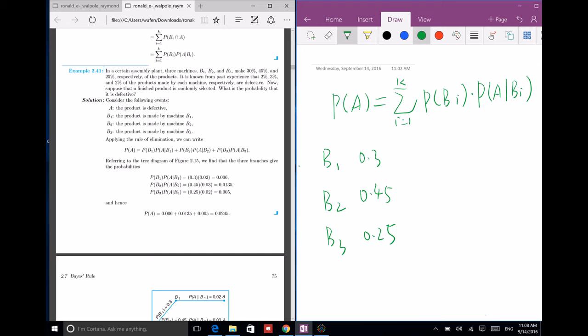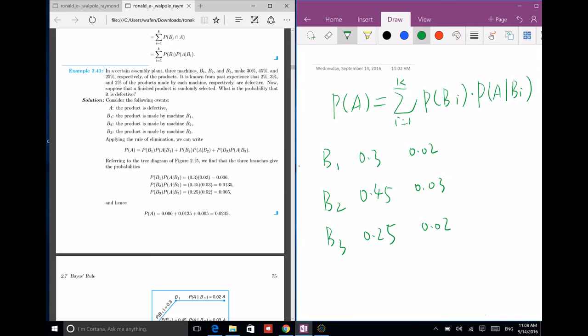Now, it is known from past experience that 2% from B1 is defective, 3% from B2 is defective, and also 0.02 from B3 is defective. Now, suppose that a finished product is randomly selected. What's the probability that it's defective?